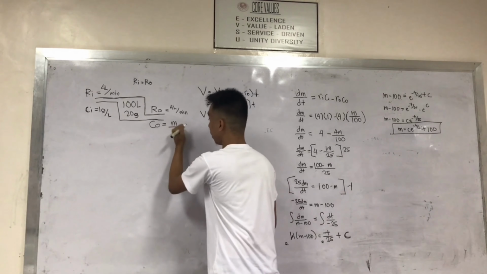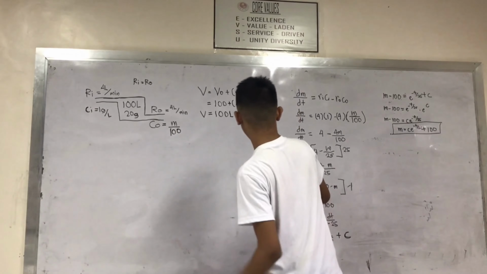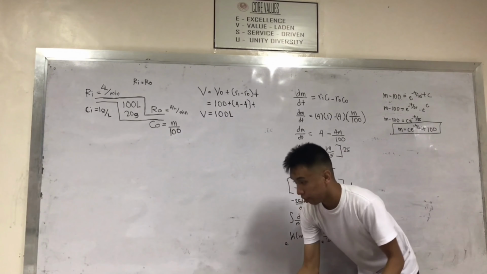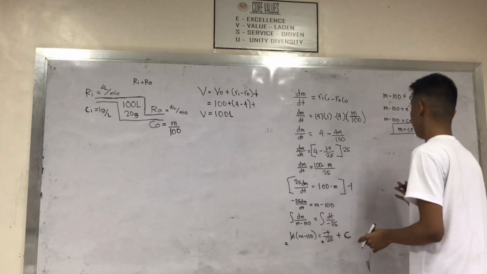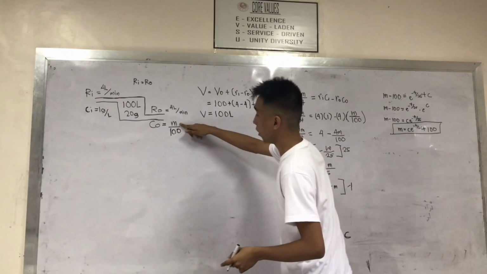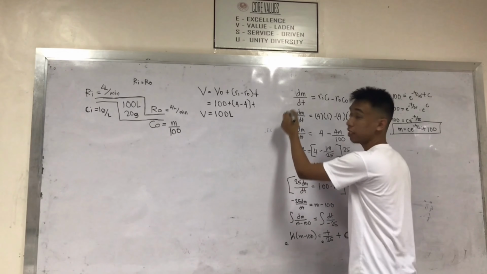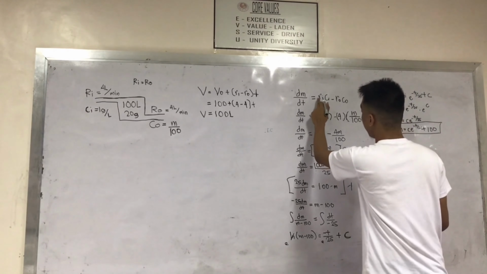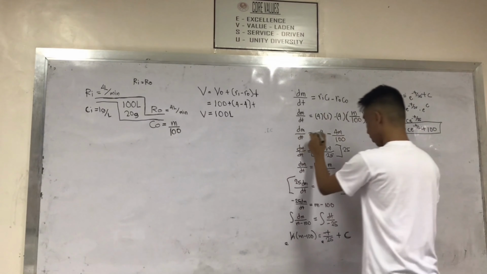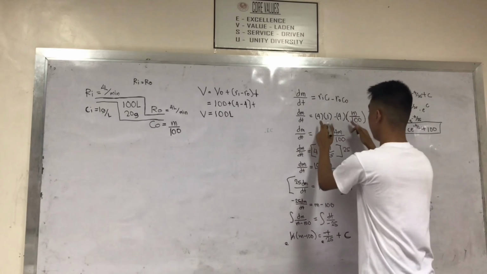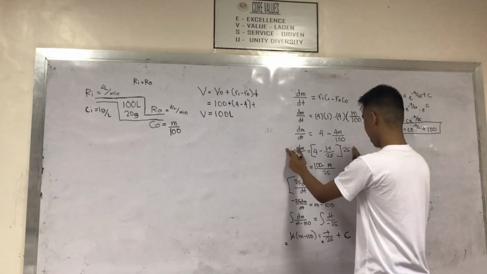So B is now equals to 100. So here is our formula for getting M. The formula is dM over dt is equals to R sub I C sub I minus R sub O C sub O. We substitute our values here. We do some simple algebra leading to this.